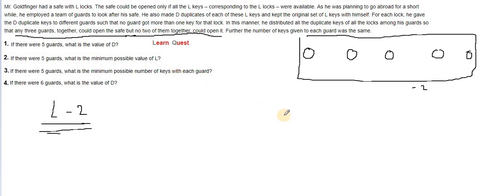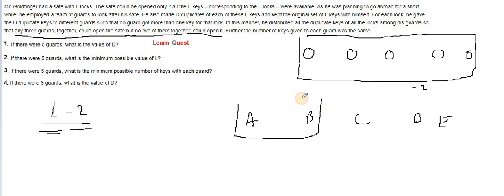Now the next thing is, suppose there were 5 guards, for which the question is also asked. So let's take there were 5 guards, A, B, C, D and E. I named them. Now even if I take this combination of guards A and B, they should be missing at least one key, the fifth one, or any of the keys. Let's say I am naming the keys 1, 2, 3, 4, 5.